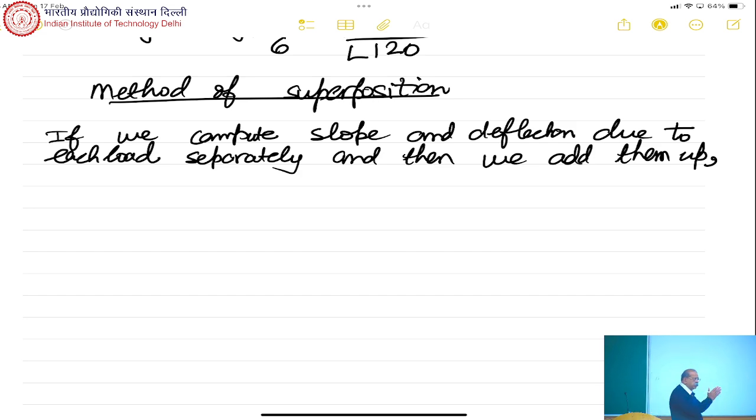That means if there are three loads acting, let me assume there is only one load acting, calculate the deflection at any point because of that one load.